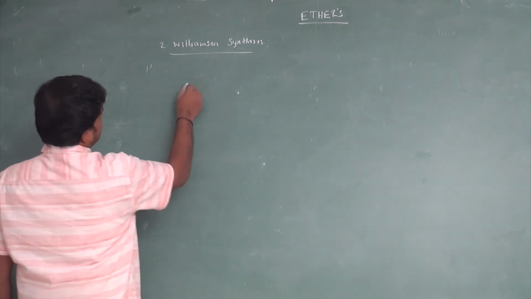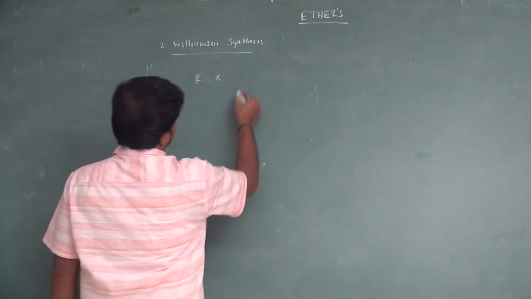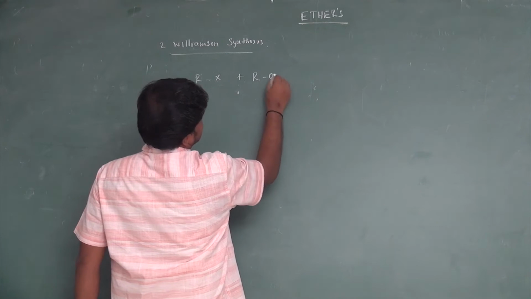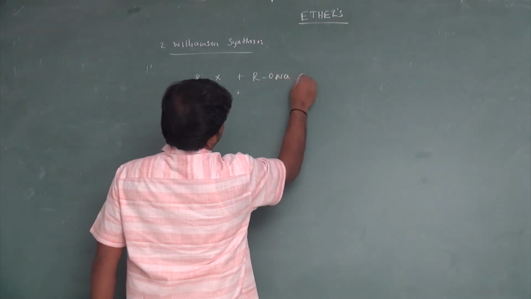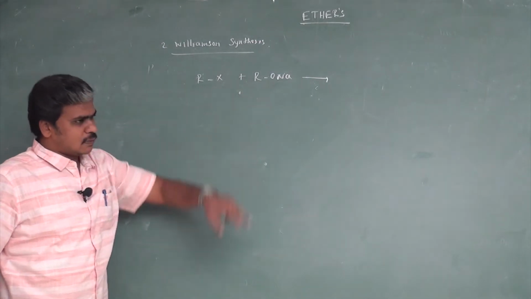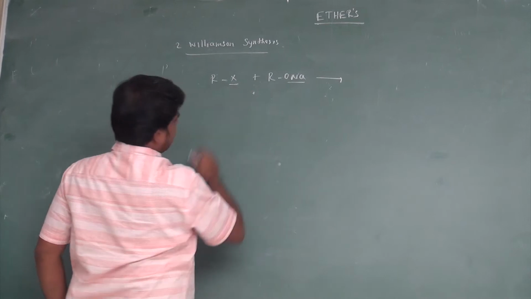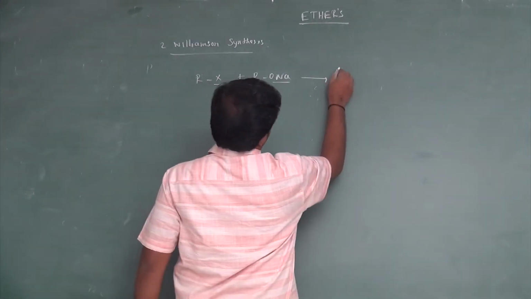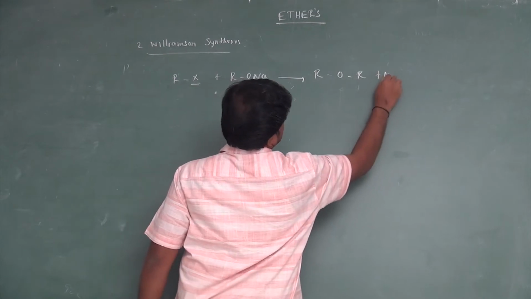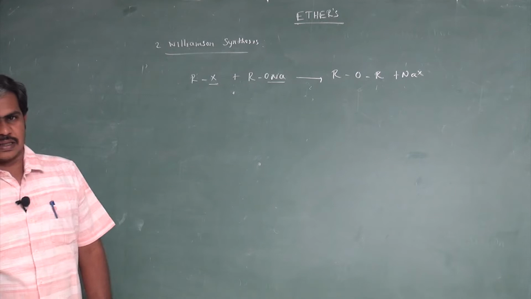So here an alkyl halide is treated with sodium alkoxide. Then removal of Na and X, we are getting ROR plus NaX. This is Williamson ether synthesis.